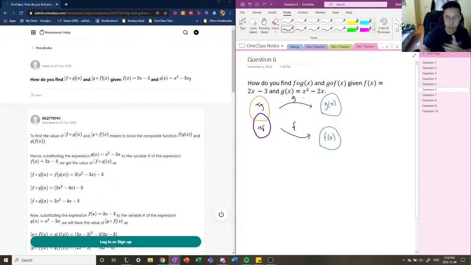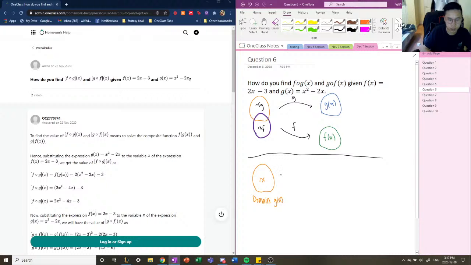But when you have a compositional function, it looks more like this, okay? So it really does matter how you read it. In this way, we read f of g, right? So that means that g of x is the function within function f, and this is what it looks like. Let's say that we have a pool of x's, and so we have the domain of g of x, which I'll just label x.